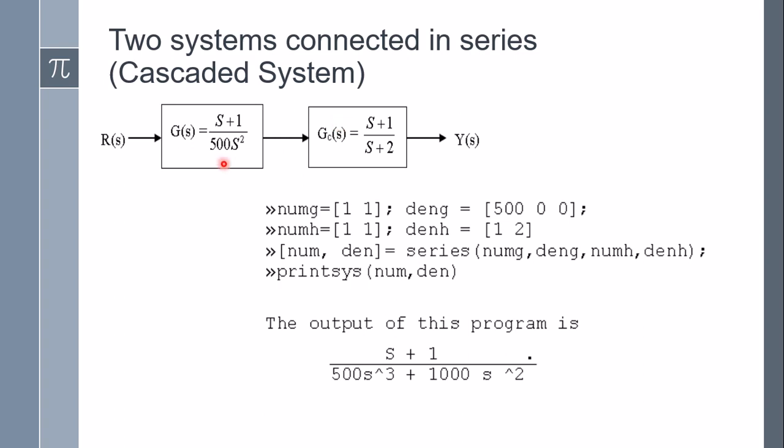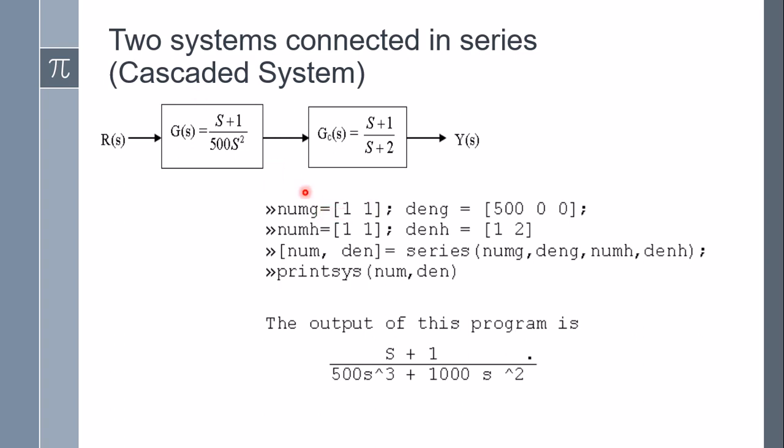Now, how do we implement this, or find the transfer function of the system using MATLAB? As discussed earlier, any system function can be represented as a transfer function by considering two variables, numerator and denominator, in matrix form.